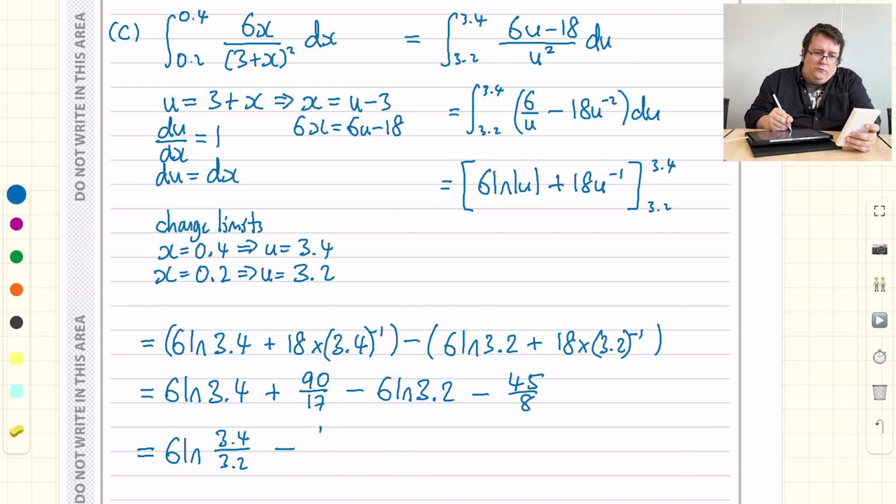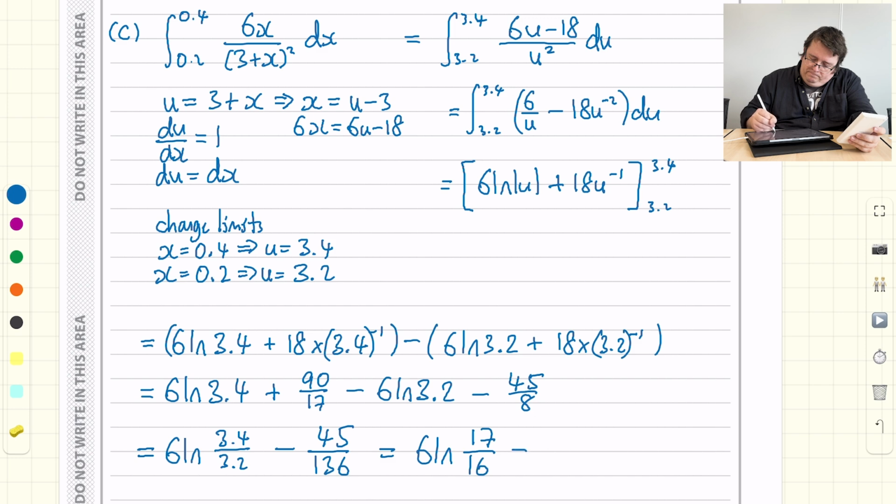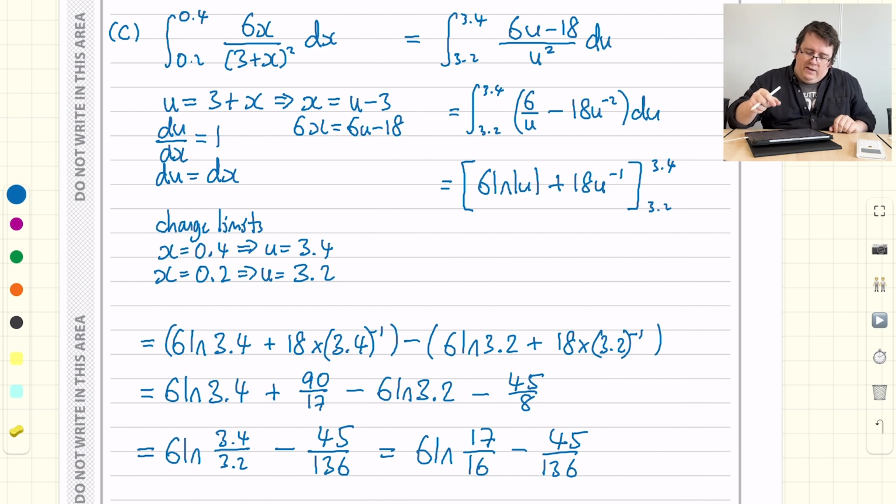So take away 45 over 136. So 3.4 over 3.2 is 17 over 16. Okay, and so that is the answer in the format that we wanted.